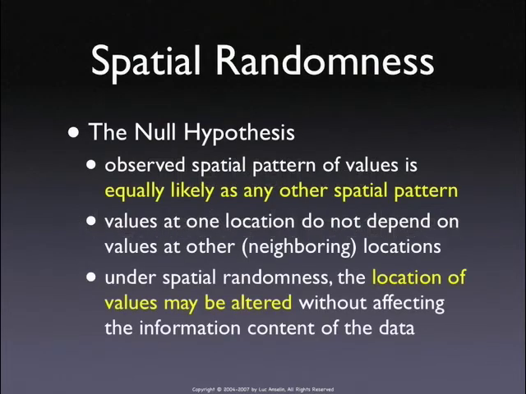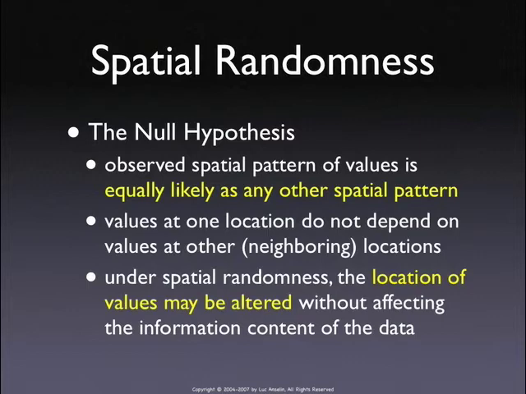First, let's think about what spatial randomness means in this particular context. Remember, in the point patterns, it meant something very specific. It meant basically that any point could land anywhere with equal probability. Now, how do we translate that into the pattern of the values observed at the locations? That's what we're focusing on here.